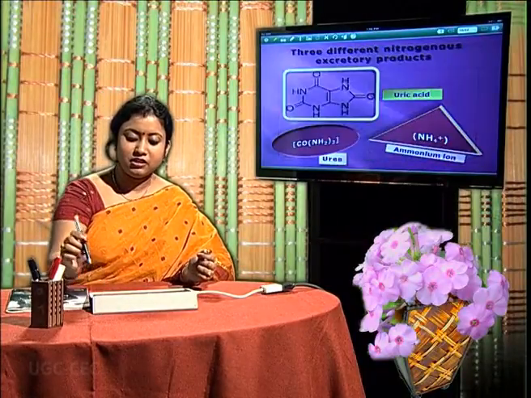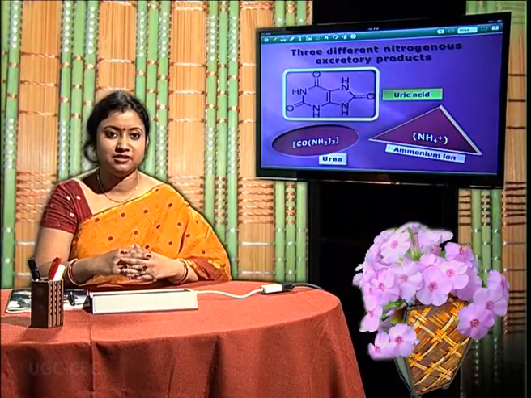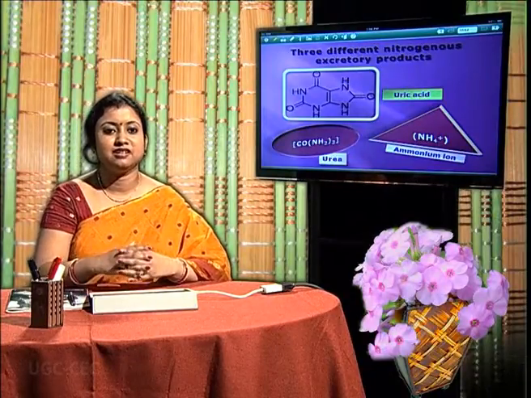Now after giving you a brief overview of how the 20 different amino acids enter the TCA cycle following different routes, I will now discuss in detail how the amino groups are removed from the amino acids in three major ways.